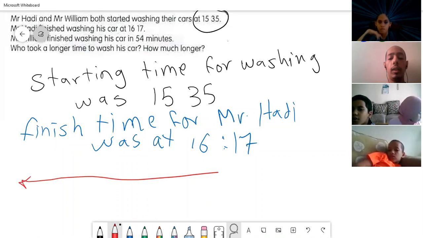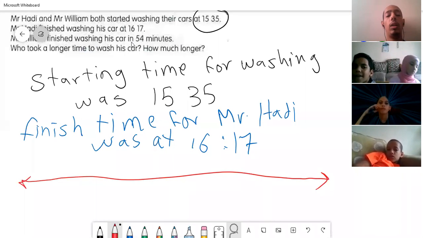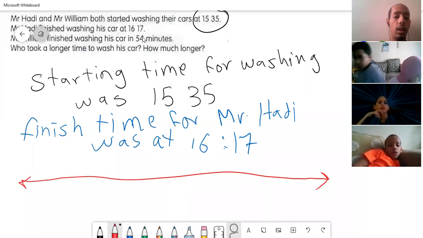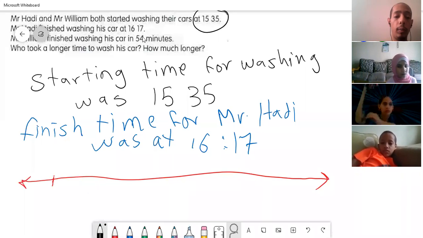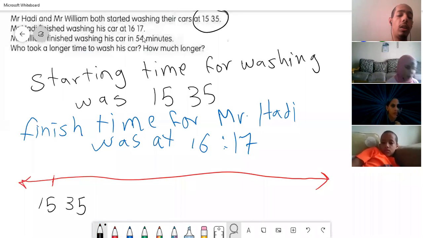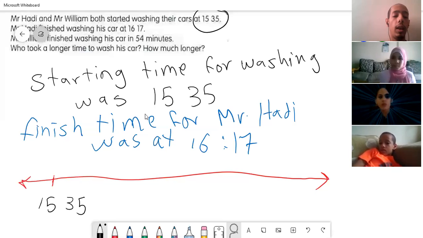It was said it takes Mr. William 54 minutes to finish washing his car. So we are going to start from the start time for him. It was 15:35. This was the starting time to wash the car for Mr. William, and then it took him 54 minutes.